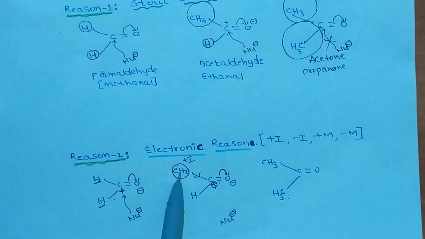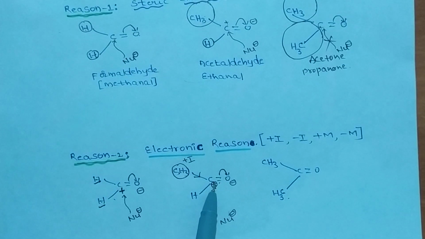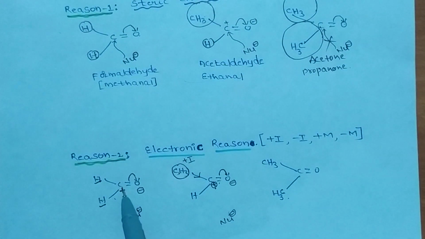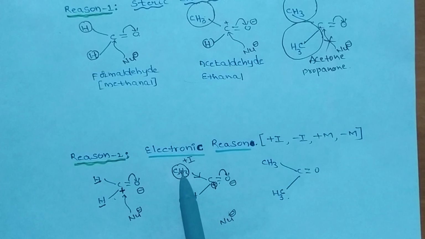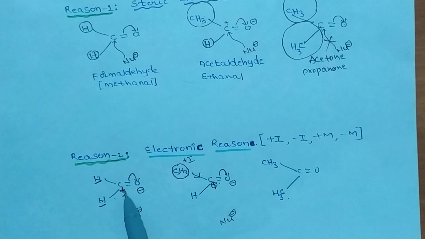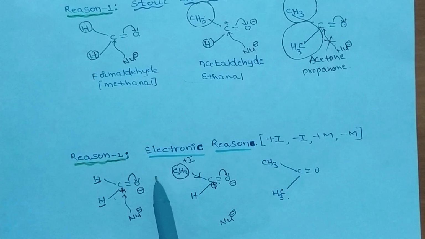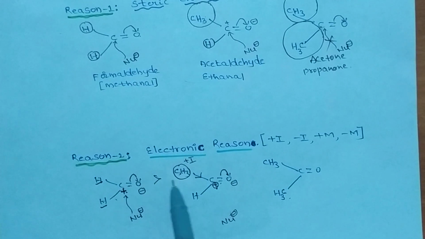But due to this plus I effect, the positive charge on this carbon decreases. The deficiency decreases. So attacking of the nucleophile is somewhat less compared to this case. Here positive charge is more. Here positive charge is less over the carbonyl carbon because of plus I. So attacking of the nucleophile is easier here. Therefore this is more reactive than this.